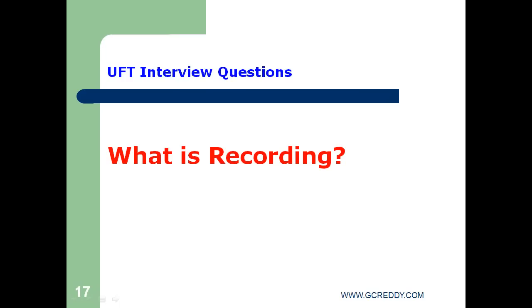Once again, what is recording? Test recording is a process of generating steps or statements for every user operation on the AUT, simultaneously storing objects information into the object repository.